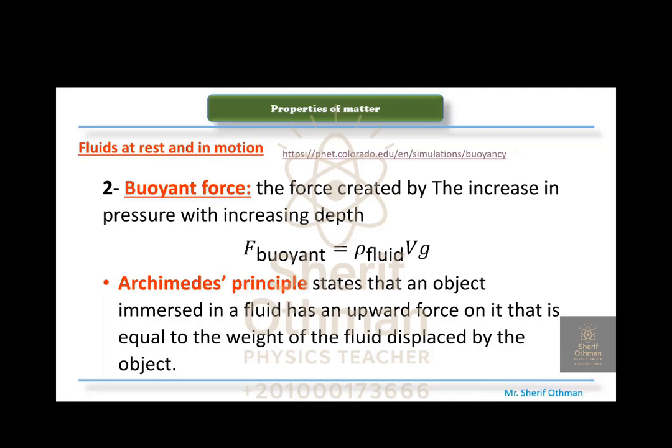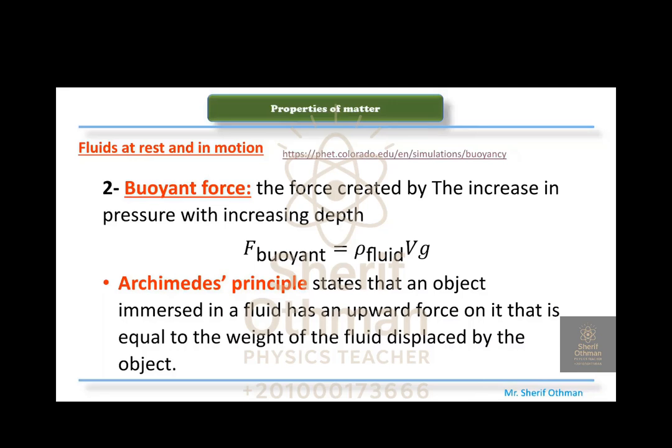As the depth increases, the pressure increases, and also the volume of fluid displaced increases. So the buoyant force is equal to the density of the fluid multiplied by the volume, which can be considered the immersed volume of the object, or the volume of displaced fluid, multiplied by g, the acceleration of gravity.